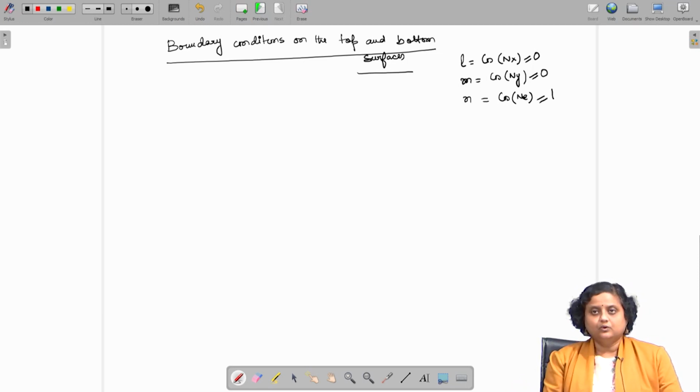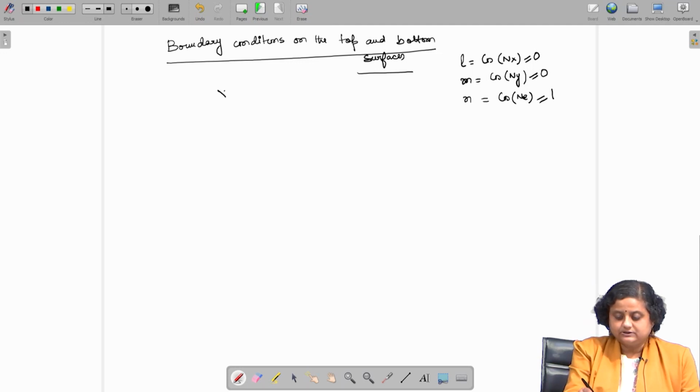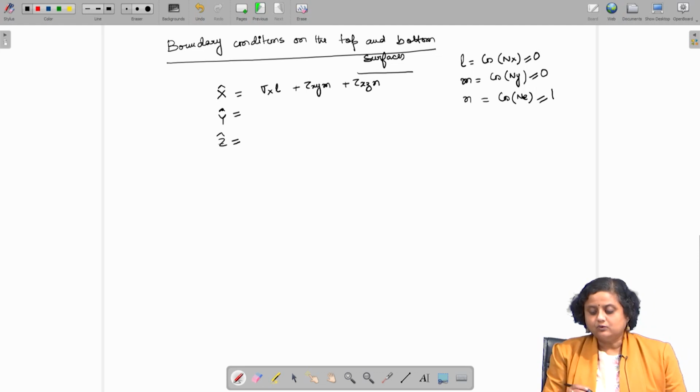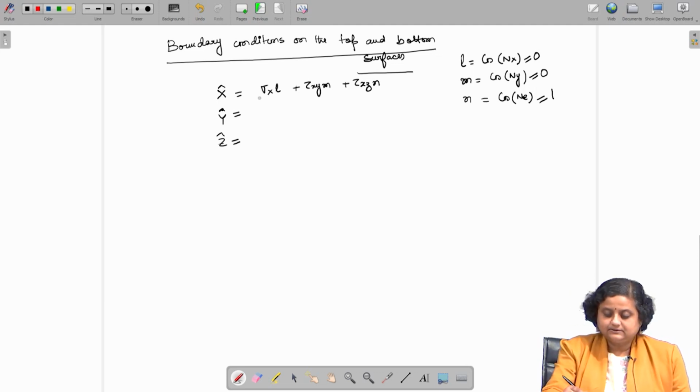Now, if you look into those boundary conditions on x hat, y hat and z hat, I have sigma x L plus tau x y m plus tau x z n. Now, out of this, this goes to 0, this goes to 0, and this is left as tau x z.